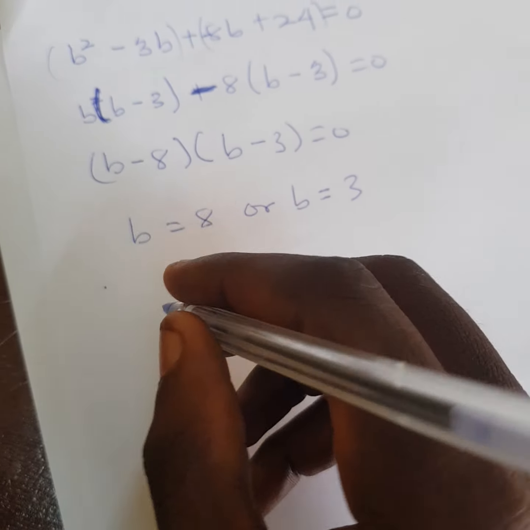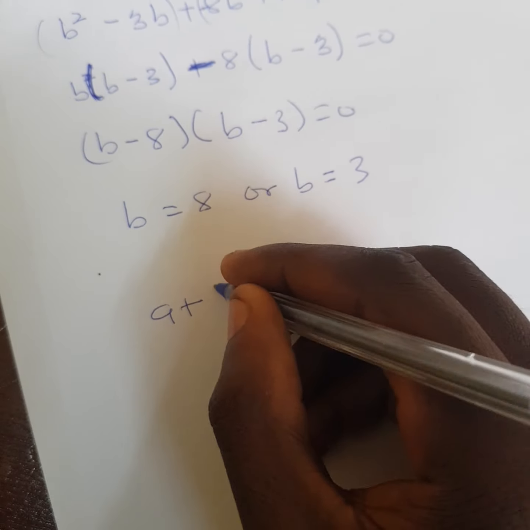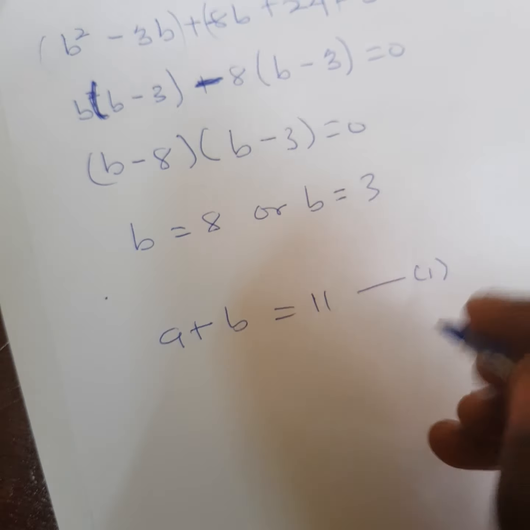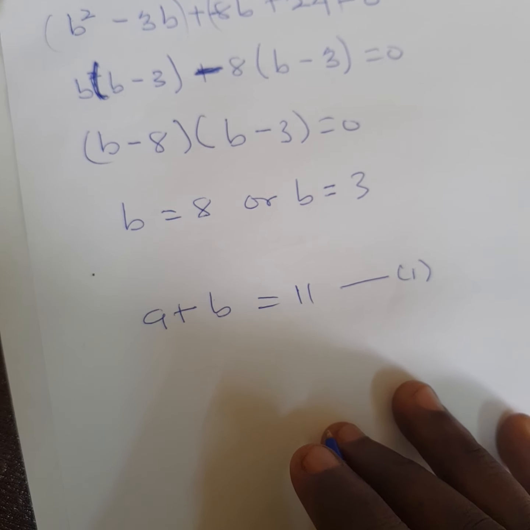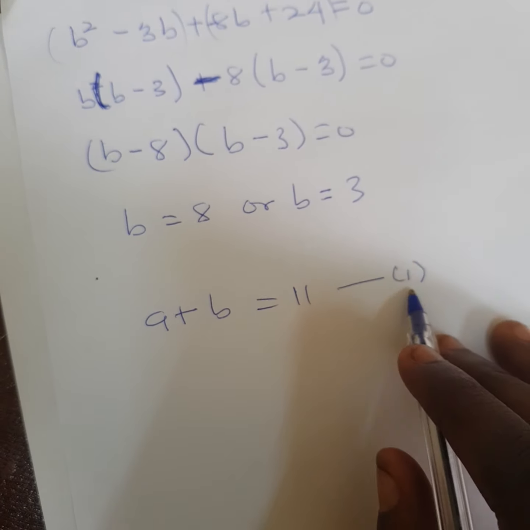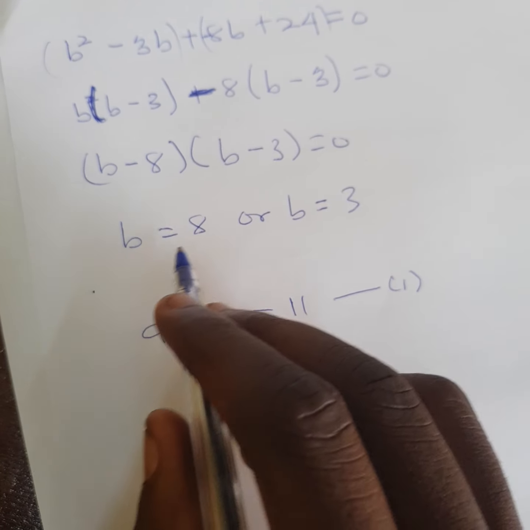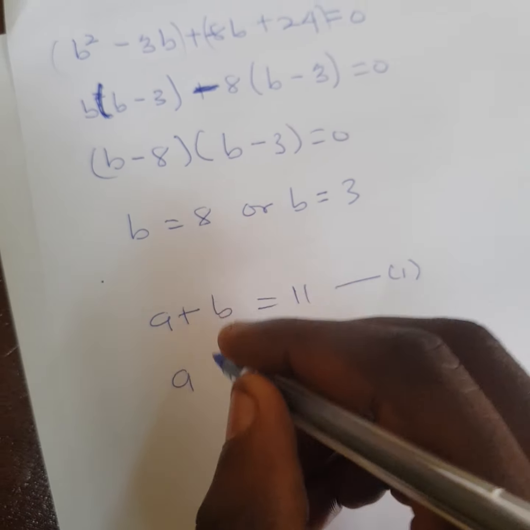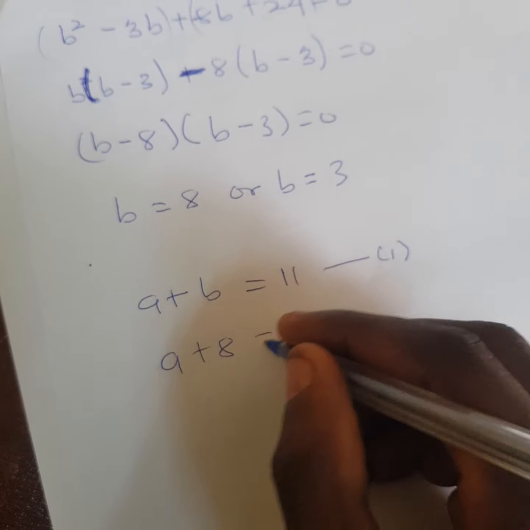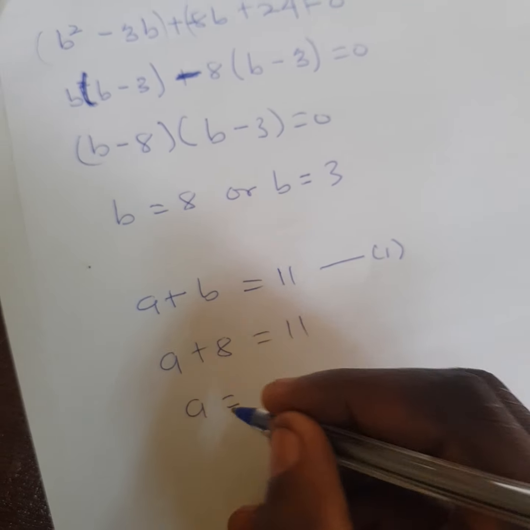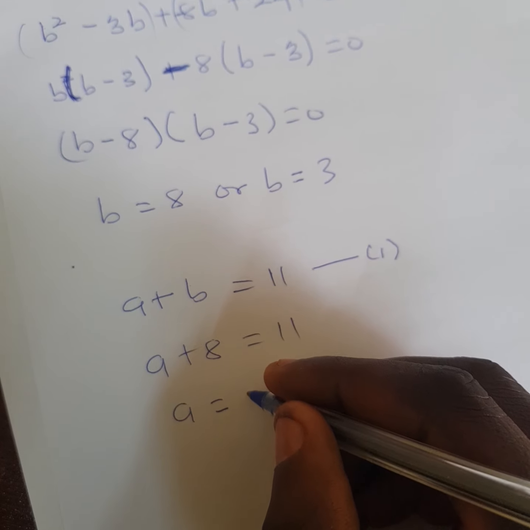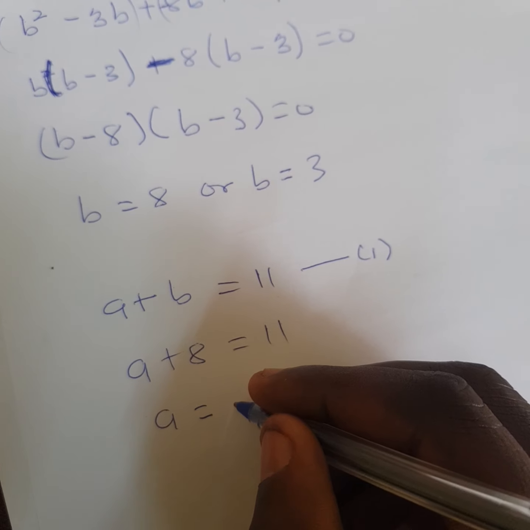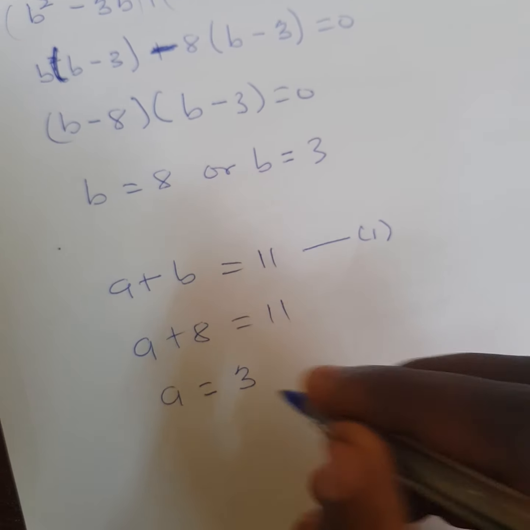Find A. One of the equations of the simultaneous equation was A plus B equal to 11. That was equation 1. Let's substitute B inside. Picking B to be 8, substituting it inside, you get A is 11 minus 8, which is 3.